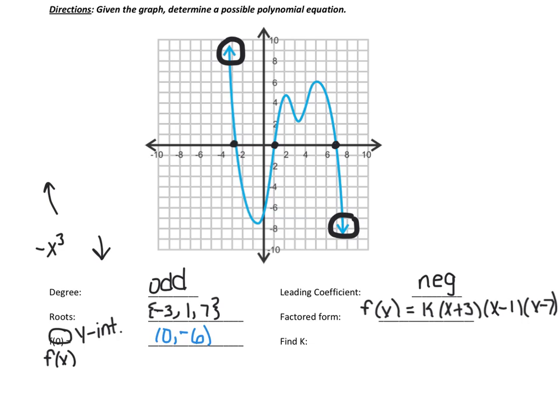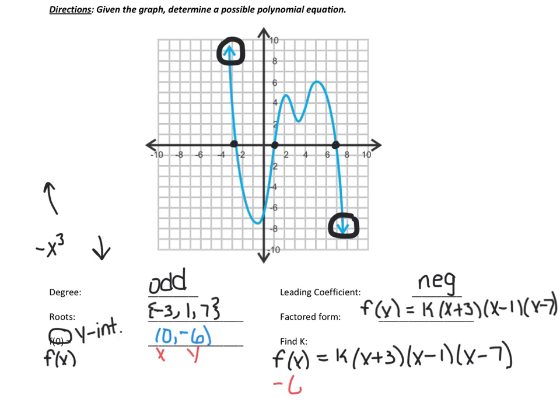So now we're going to use this information to find the k value. So let's rewrite our equation. f of x equals k times (x plus 3)(x minus 1)(x minus 7). So if we know a y value and an x value, we can find k. So right here I have an x value and a y value.